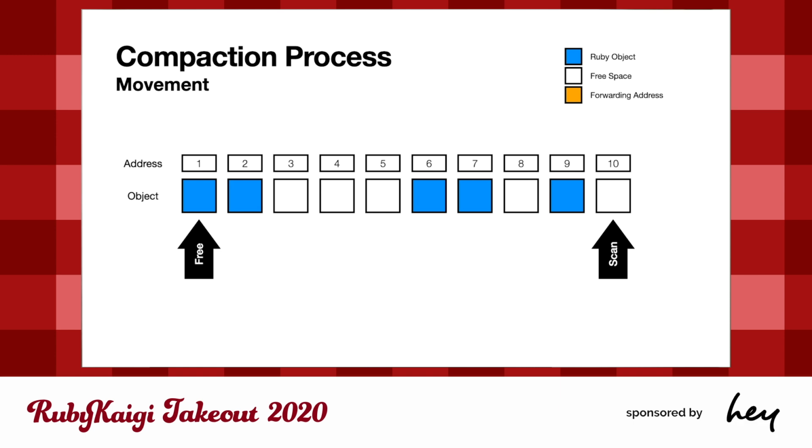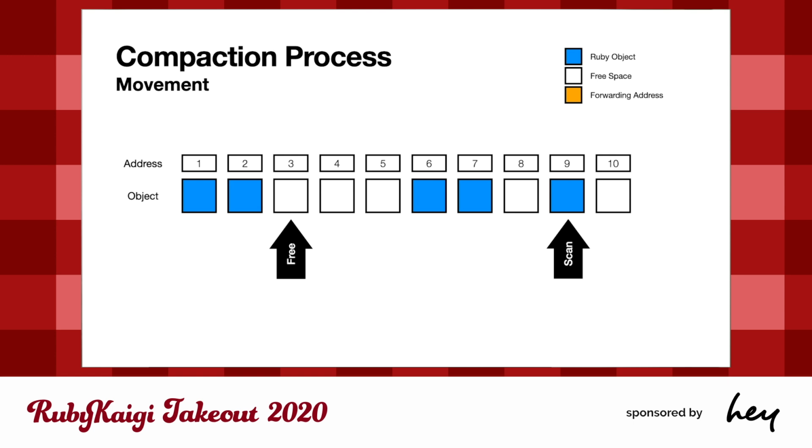The free pointer scans right until it finds a free slot. The scan pointer moves left until it finds a filled slot. Then it swaps the slots and leaves a forwarding address.